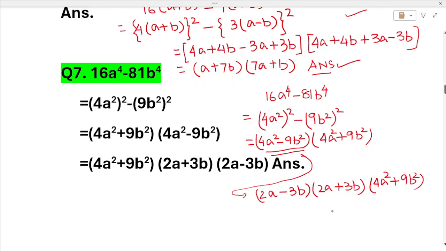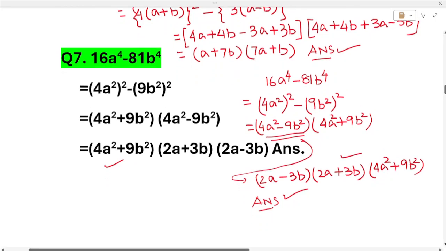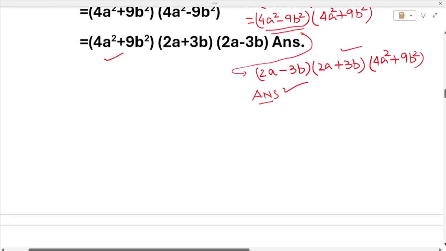Correct. This is your answer. You can write the answer in either way, this is also correct, this is the same. Okay, so this is question number 7.